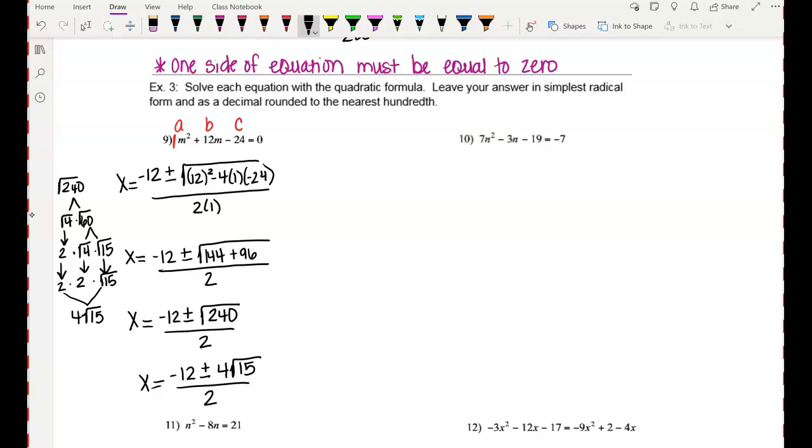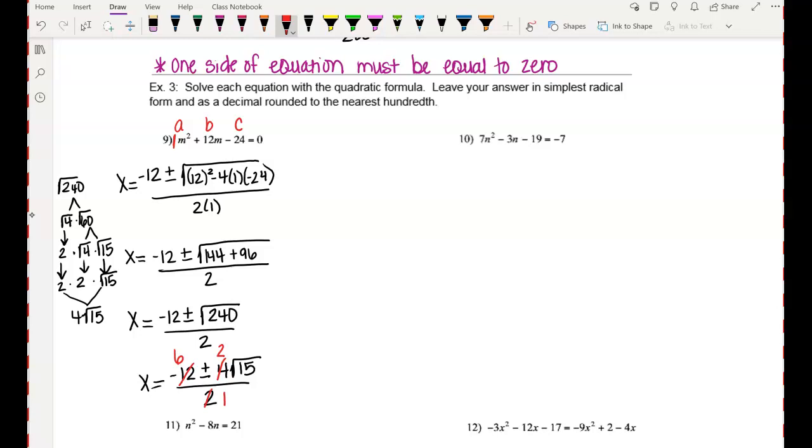But again, I can divide here. I have a negative 12, I have a 4, and I have a 2. So in this case, 12 divided by 2 is 6, 4 divided by 2 is 2, 2 divided by 2 is 1.